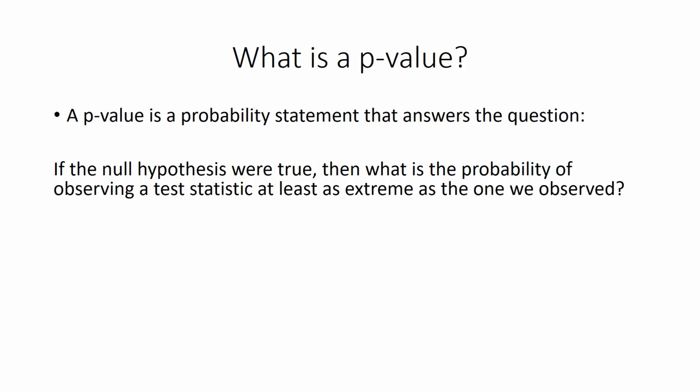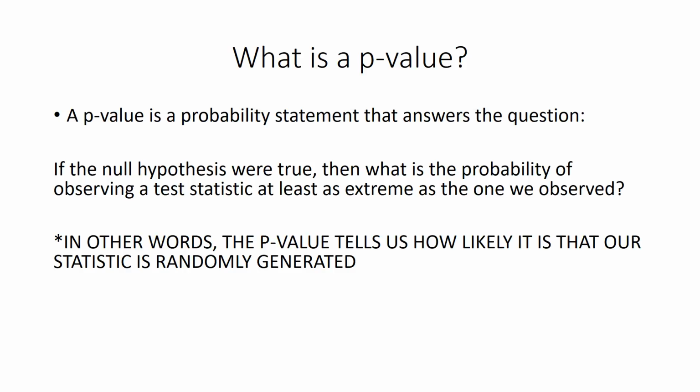So another way to think about this is that p-values tell us how likely it is that our statistic is randomly generated. So the larger the p-value is over a certain level, that tells us that we can fail to reject our null, that our null hypothesis is probably the right hypothesis.